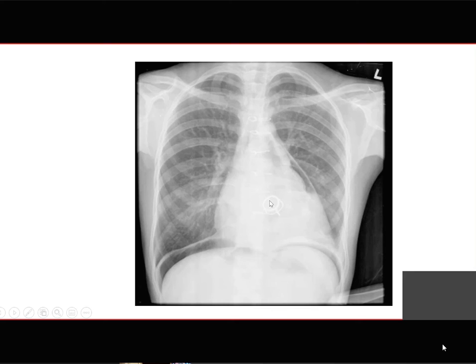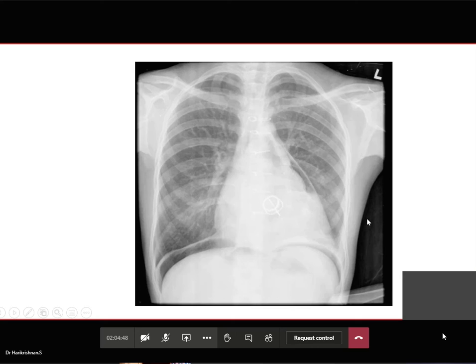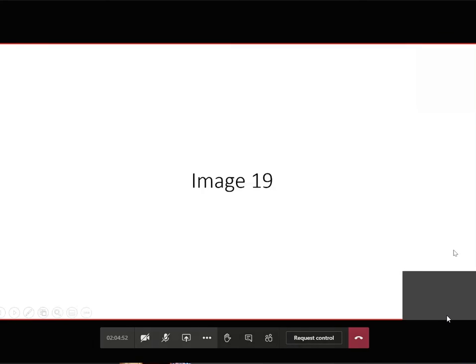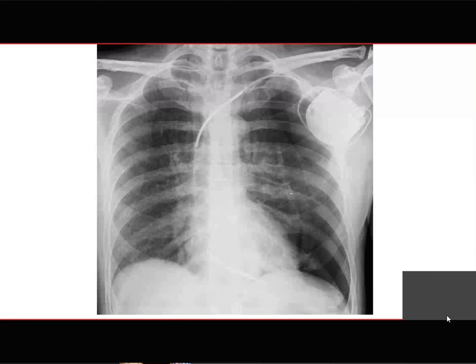And what is this, the device or what is this? Valve, ball and tissue. Okay. This we have already seen, I think. Okay, this I don't know what it is. Okay, we'll skip.